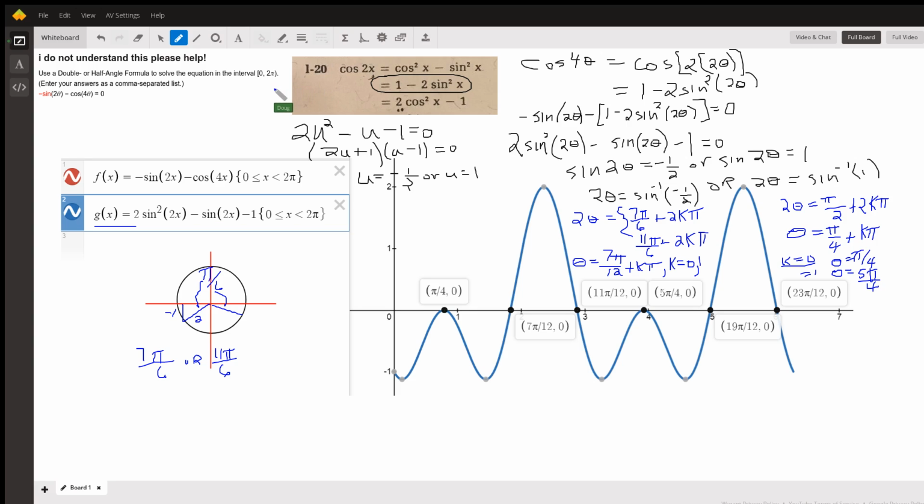One of the most straightforward ways is to use the double angle identity for the cosine of twice an angle. There's three options, one of which is this one, 1 minus 2 sine squared of x. And that's the one I'm going to use because my goal is to end up with a quadratic equation in terms of sine.